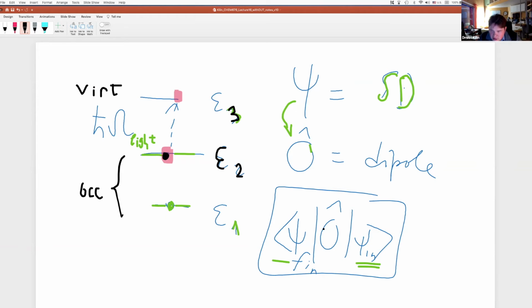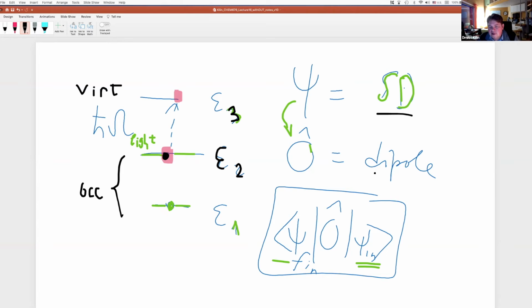In order to practice this consideration, I will have the following players in this game. I will have a multi-electronic wave function in the form of a Slater determinant. And I will have an operator, which will be the dipole that we just defined.